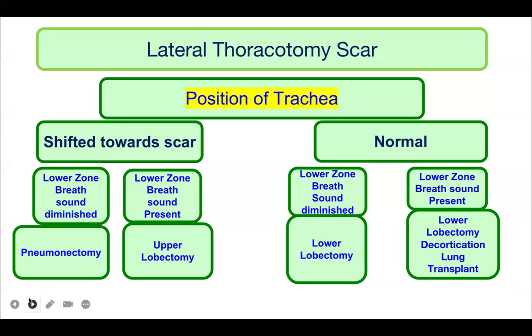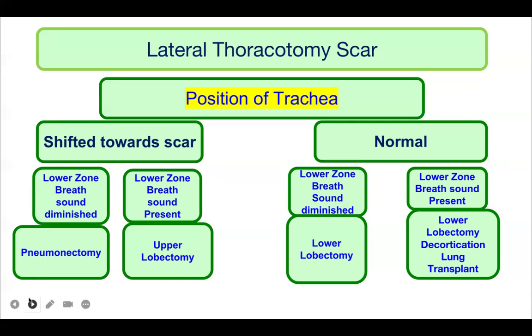Okay, if we get a lateral thoracotomy scar mark and the trachea is shifted towards the side of the scar mark, the next step is to check the lower zone breath sound. If the lower zone breath sound is diminished in a case of shifted trachea, we will consider pneumonectomy. If the lower zone breath sound is present with a shifted trachea, we will consider that it is a case of upper lobectomy.